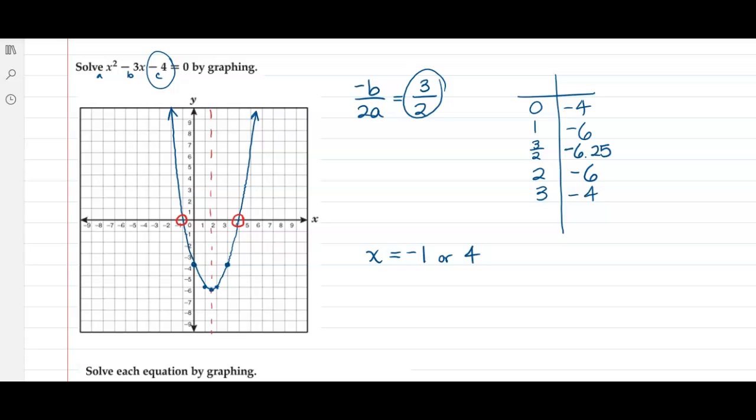And you can even check it. -1 squared is 1 plus 3, because -3 times -1, take away 4 equals 0. Or I could sub in 4. 4 squared is 16. Take away 12, take away 4 is also 0. So we found the solution by graphing.